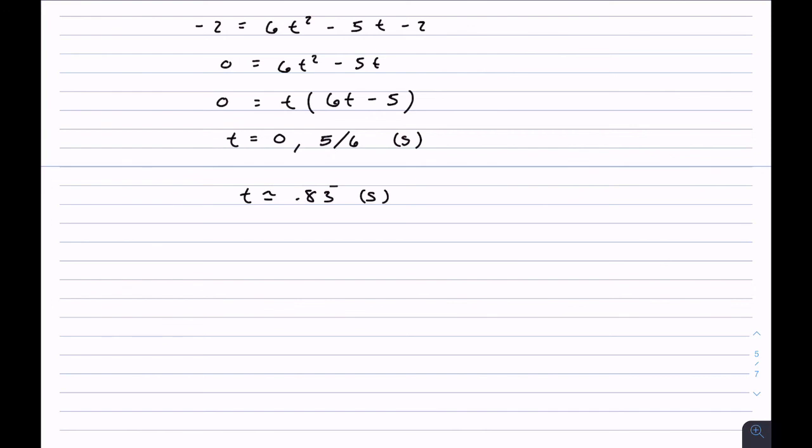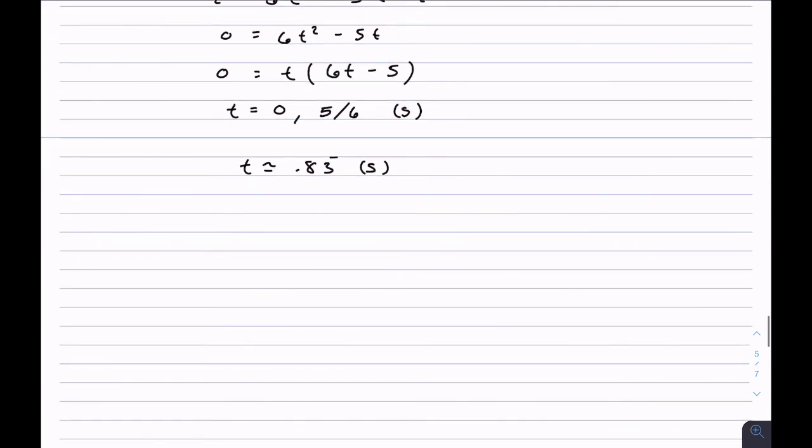That's how long it takes to get back to the original position. Let's plug that into our velocity function, because what the worksheet asks right now is for the velocity when it gets back there.